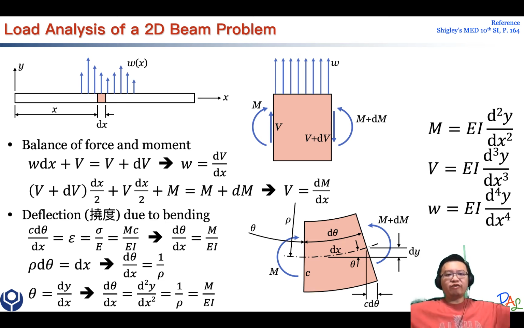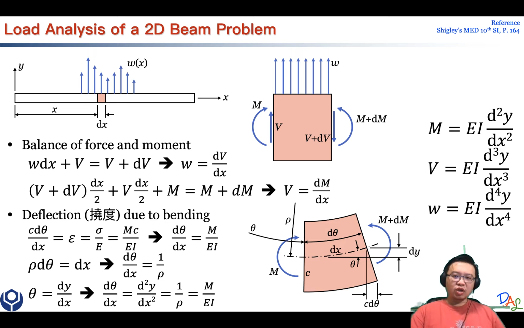But overall, if you see the whole beam, it's having a curvature, and it becomes an arc shape. So the radius of the arc is rho, the radius of the curvature. And if it's like an arc, theta is representing where it is.